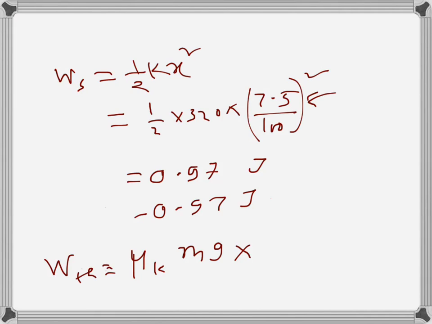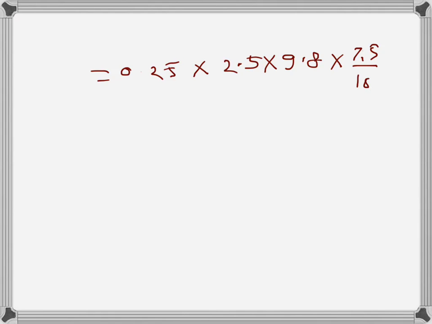So we have 0.25 times 2.5, the mass of the block, then 9.8, that's g, times 7.5 over 100, because that's in centimeter. So we get something like 0.46 joules. So that is the increase in block floor thermal energy.